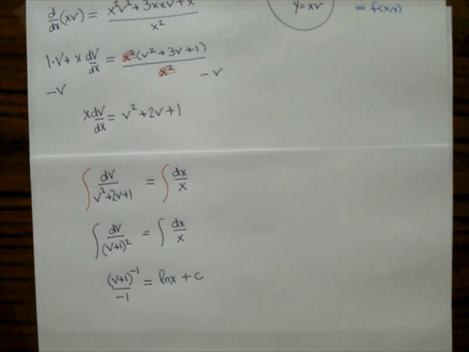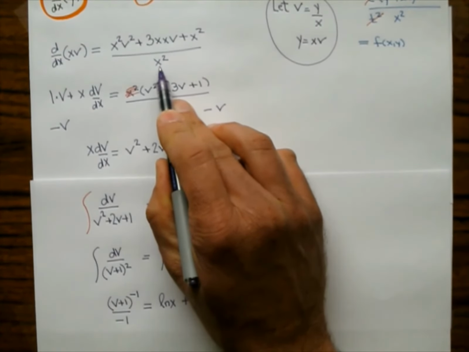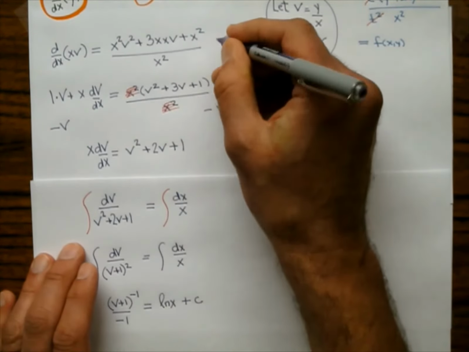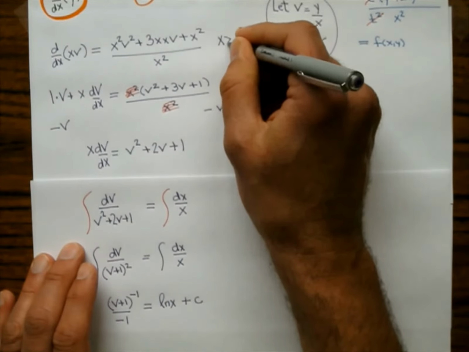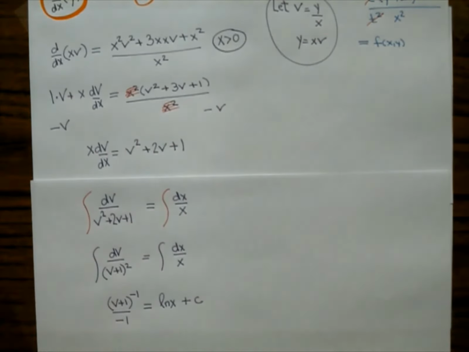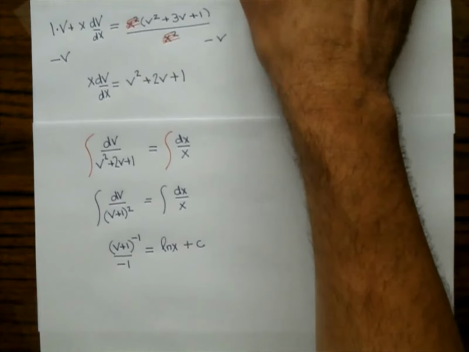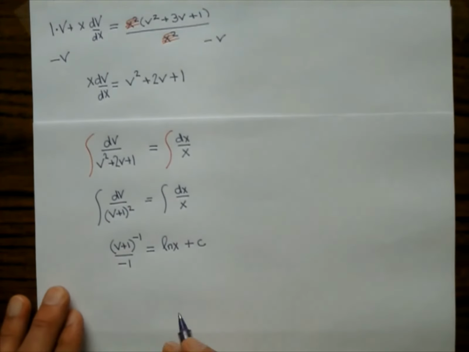Now we can say ln x plus c because we don't need the absolute value, because this x cannot equal 0, so we can just say that I'm solving this from 0 to infinity. If you want to keep the absolute value in there, you can, but I'm not even going to put it. Okay, so what do we have here?